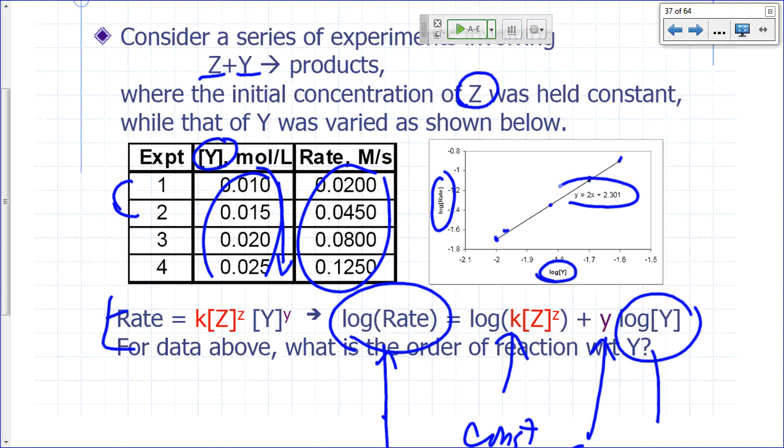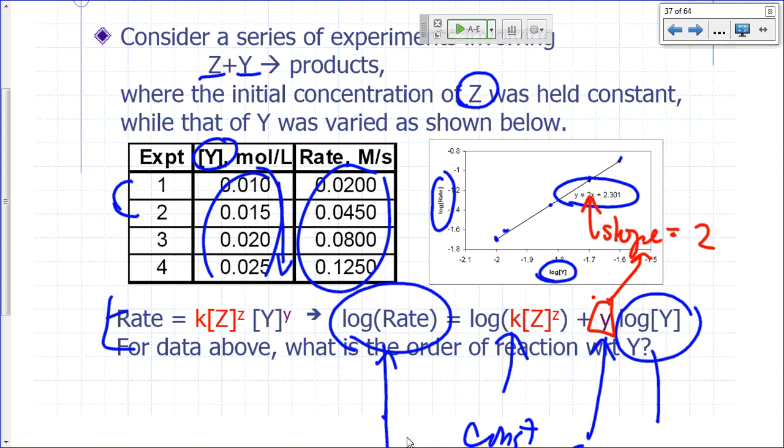You find that your expression says y equals 2x plus 2.301. So here, your coefficient of x, that's your slope, turns out to be equal to 2. What does this tell you? That the order of reaction with respect to y is 2. That's your slope right there. So the slope of the plot will give you the order of the reaction with respect to the reactant you're interested in.